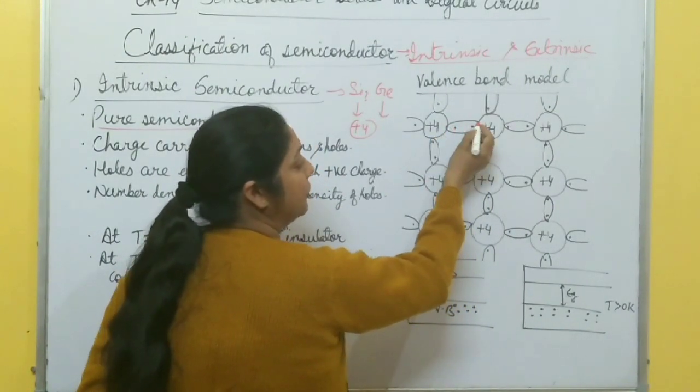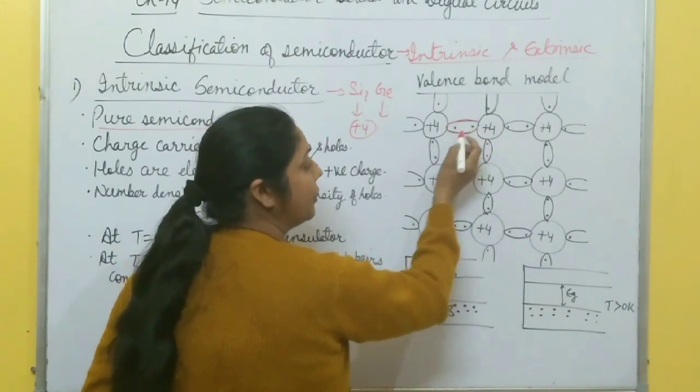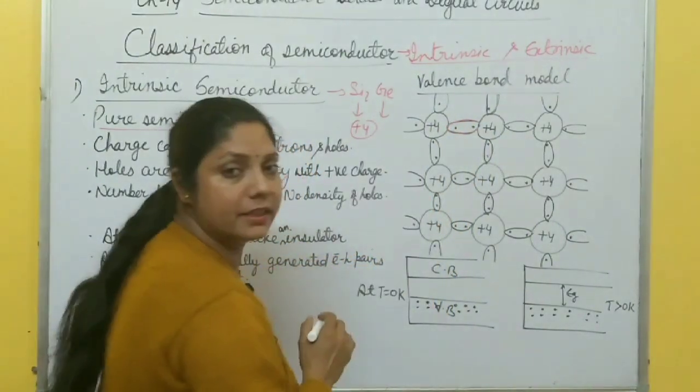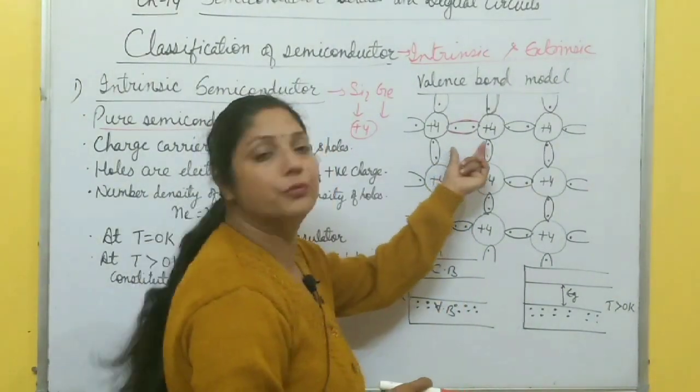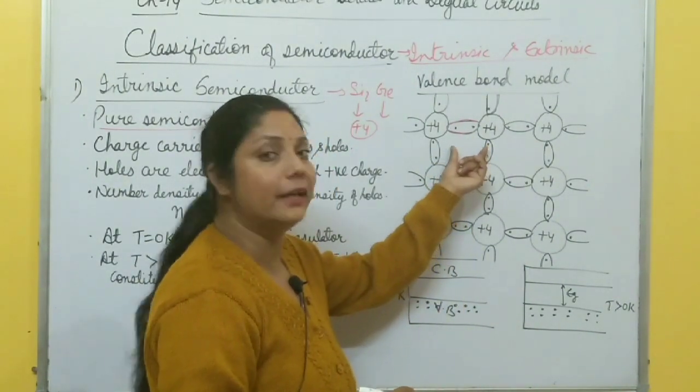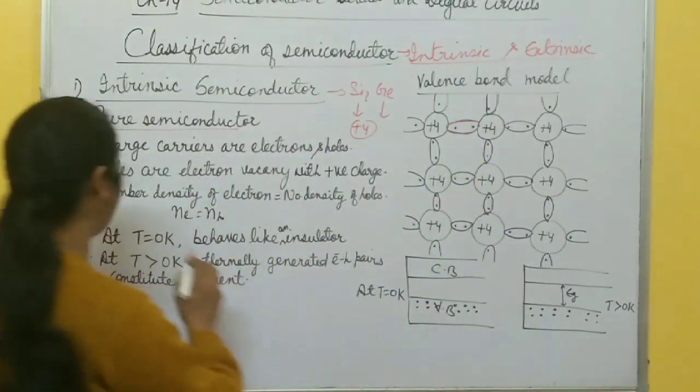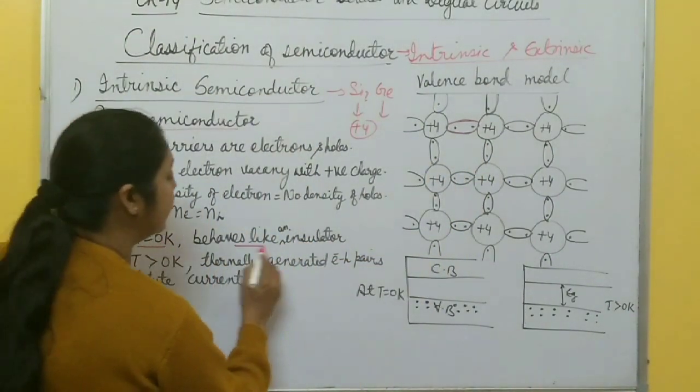So all silicon atoms form covalent bonds with neighboring silicon atoms to become stable. Here there is no free electron for conduction at 0 temperature. At 0 temperature it behaves like an insulator.